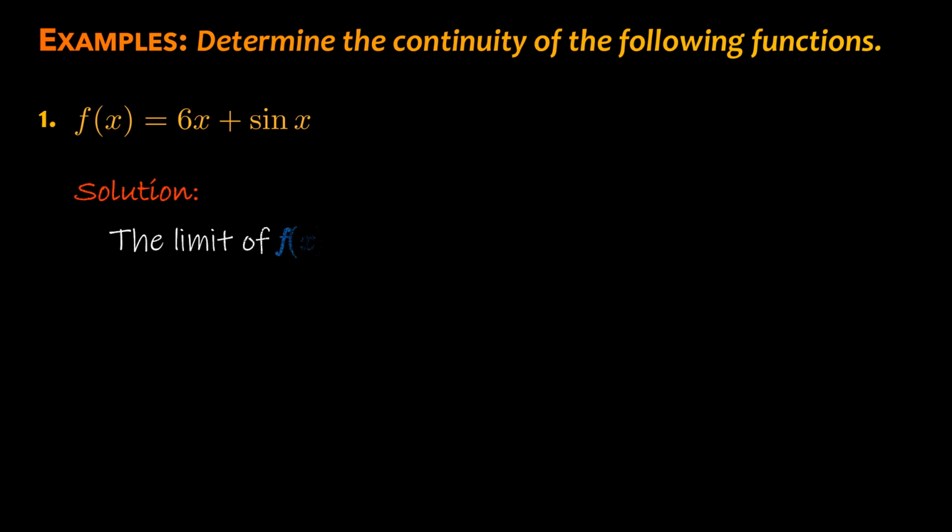Example: determine the continuity of the following functions. Number 1. f of x equals 6x plus sine of x. Solution: the limit of f of x, as x approaches c, by direct substitution is calculated as follows.